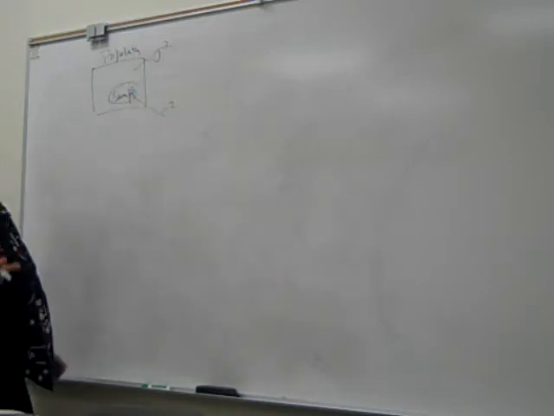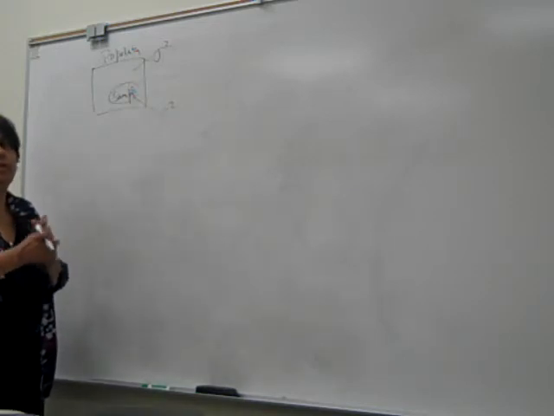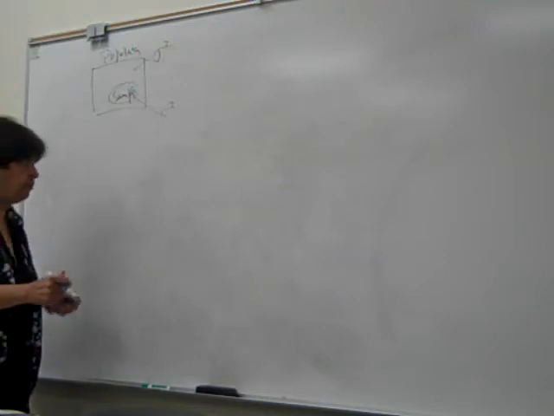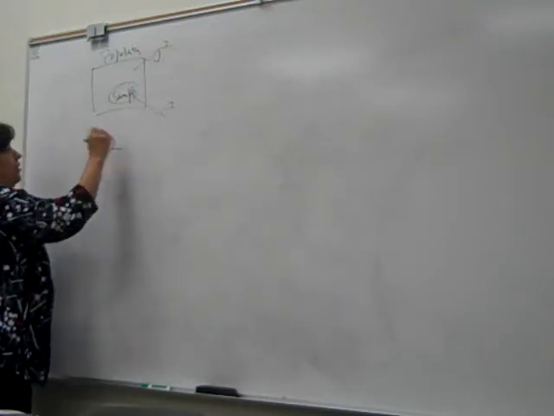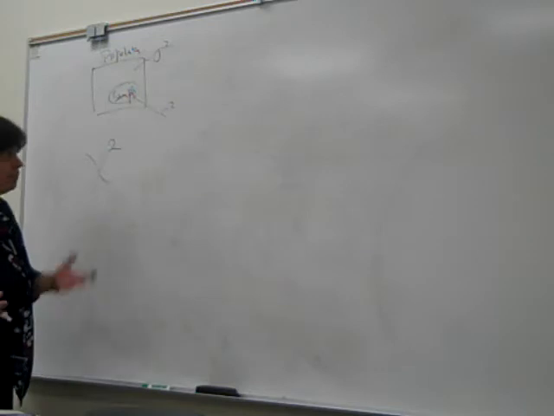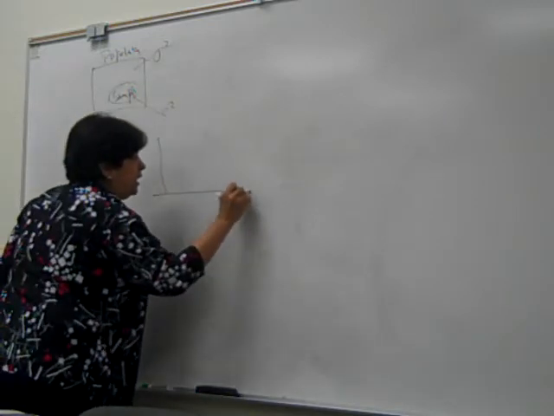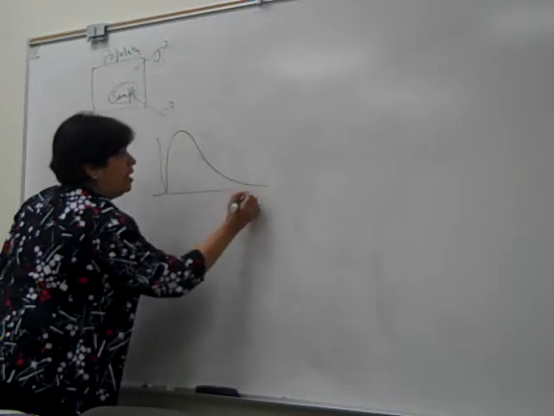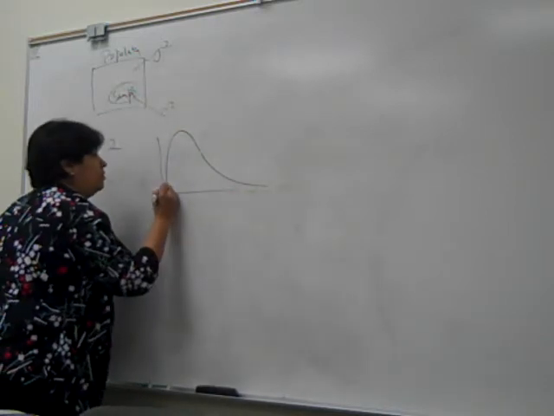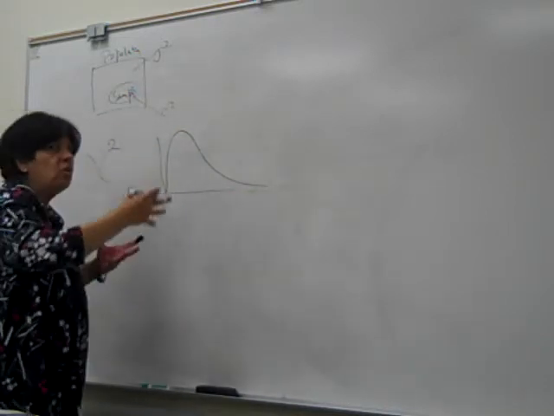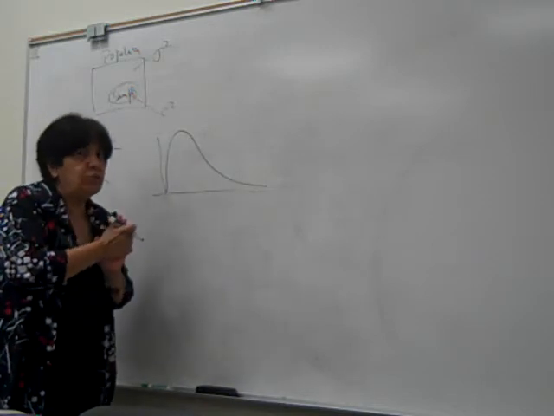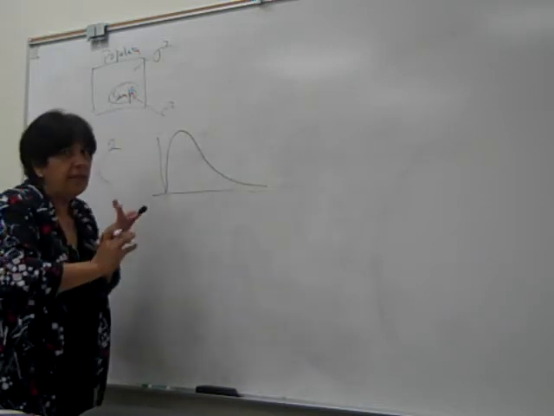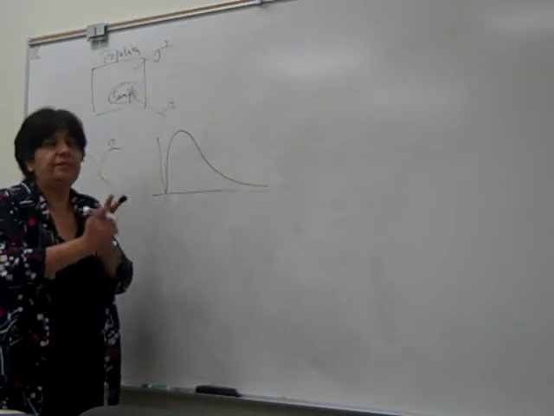Now, we are going to learn two new probability density functions in this chapter. We're going to learn about the chi-square distribution. That is a distribution more or less this shape, okay? Starts at 0. There is no symmetrical distribution anymore, like the normal distribution and the t-distribution.